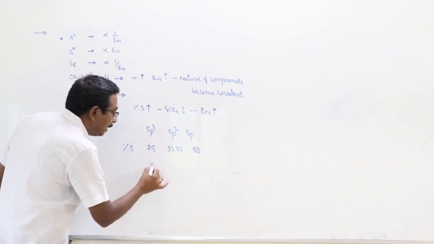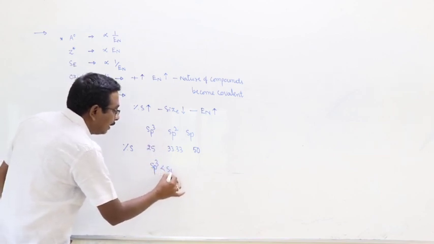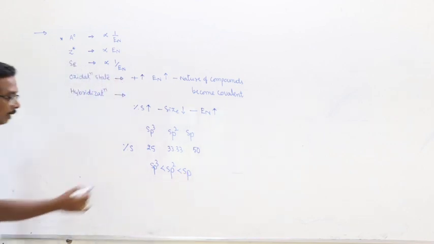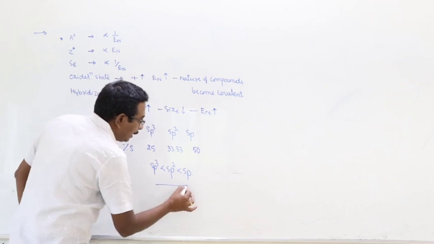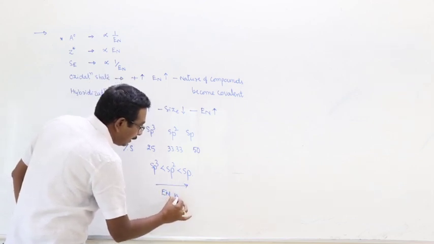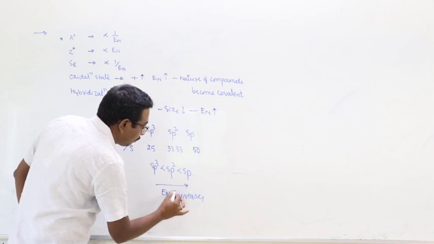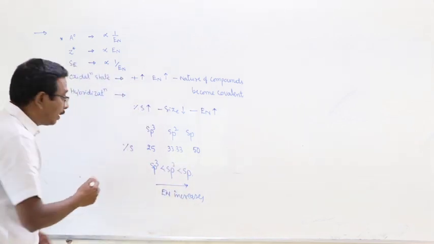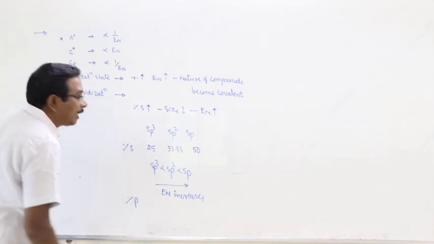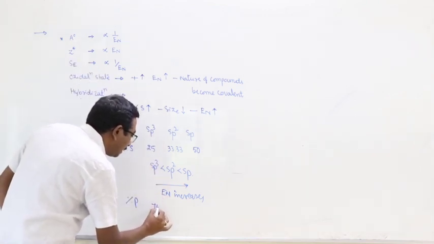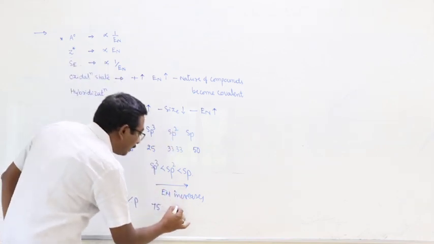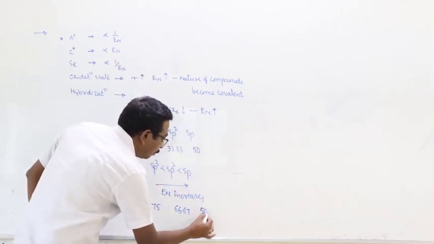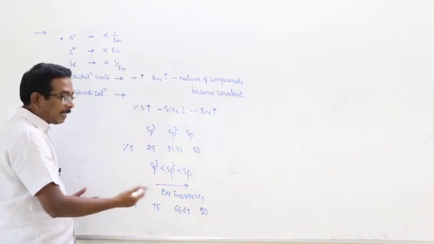Therefore, electronegativity increases from sp3, sp2, sp. Here electronegativity increases with increase of s character. And we can give another contrast statement. In case of the p character, in case of sp3 75, in case of sp2 66.67, in case of sp 50, what happened to the percentage of p character? Decreases.